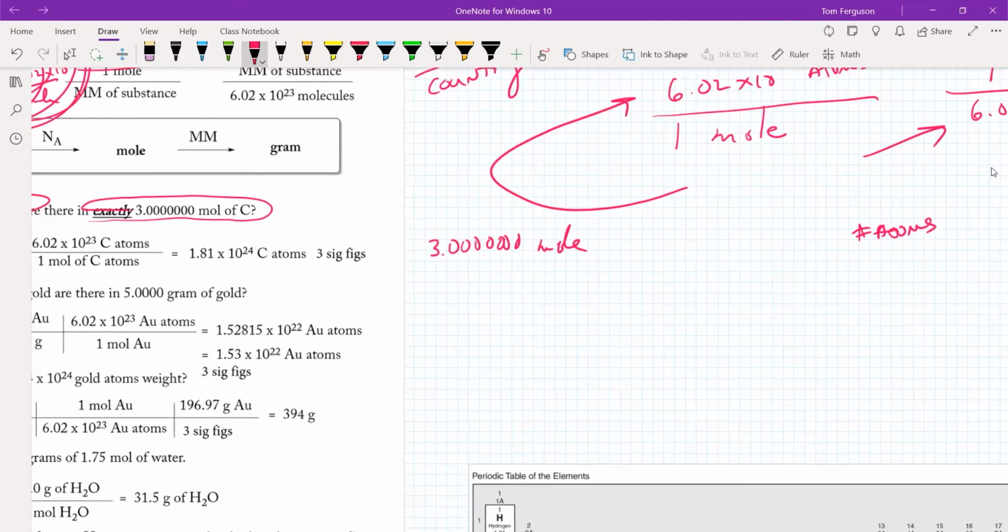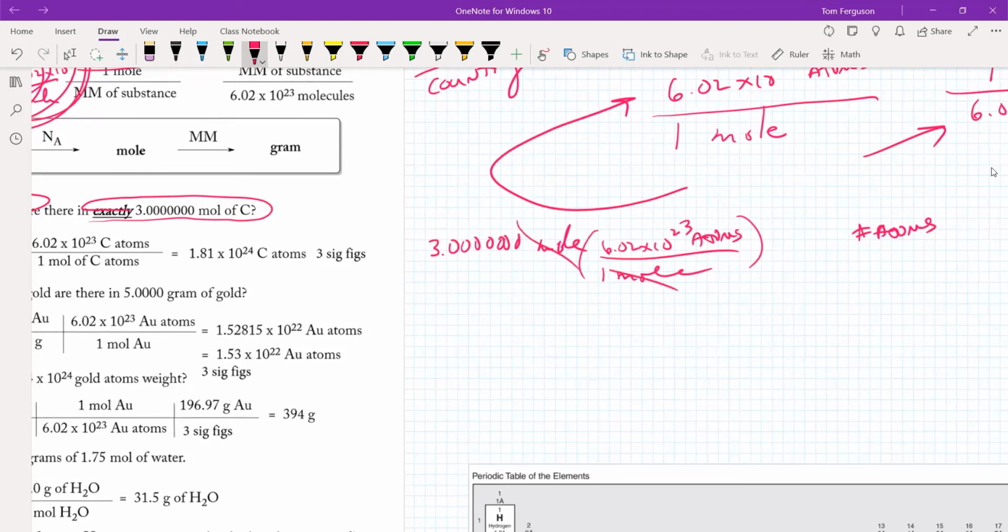Okay, so remember counting Avogadro's number. So we're going to multiply that by... we want the given to always cancel. That means it's on the bottom.